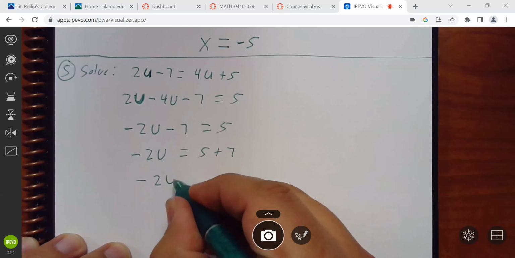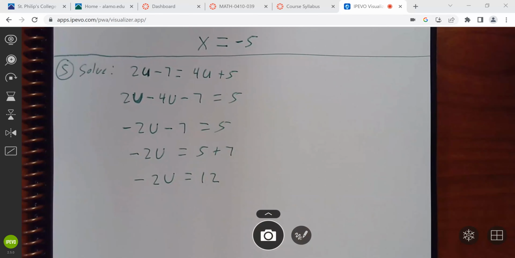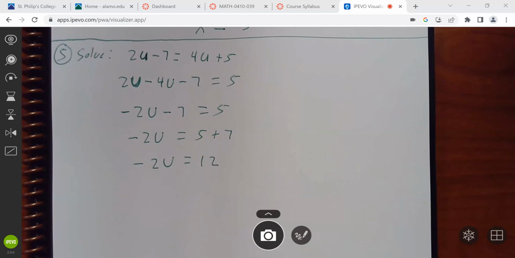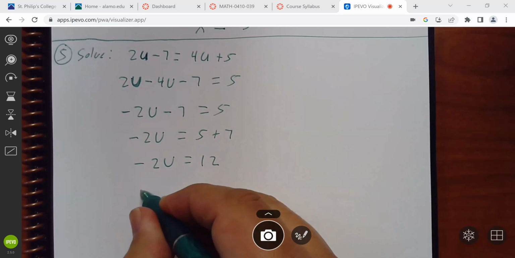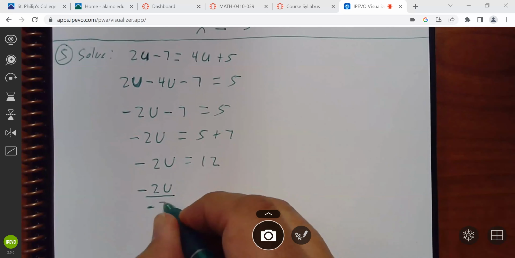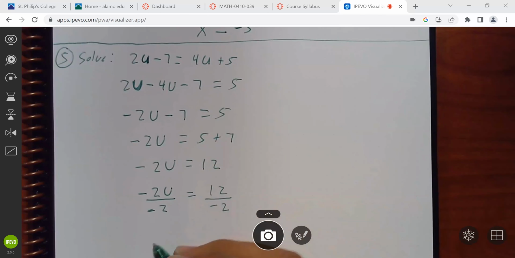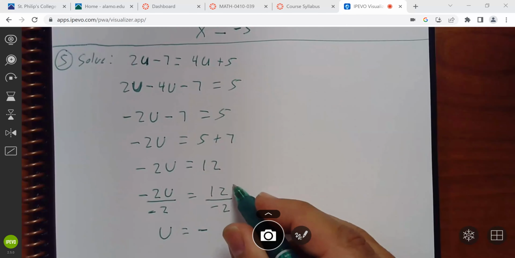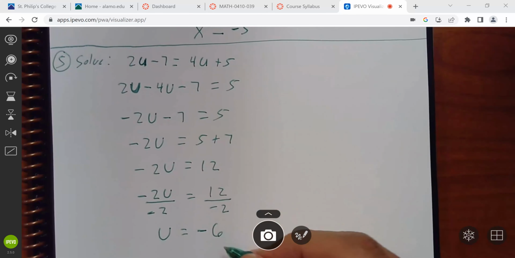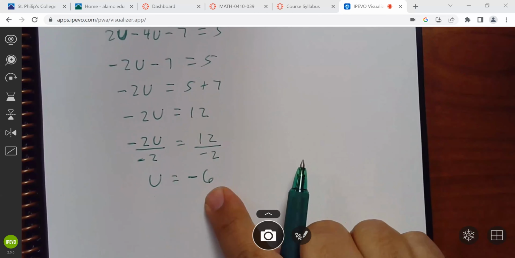It gives us that 12. Yes. Final step, divide by 2, or negative. Be careful with the signs. Positive divided by negative is negative. This is a 6.